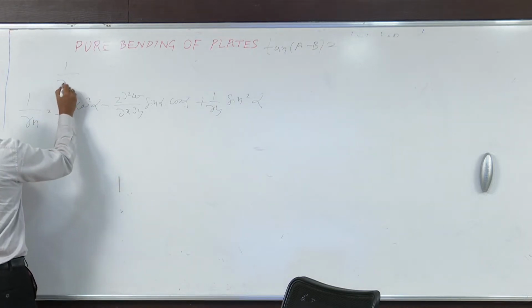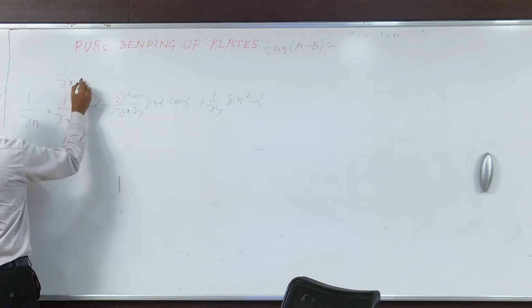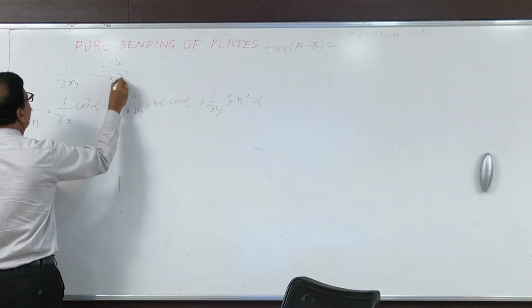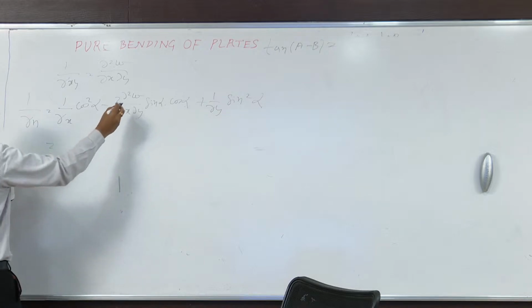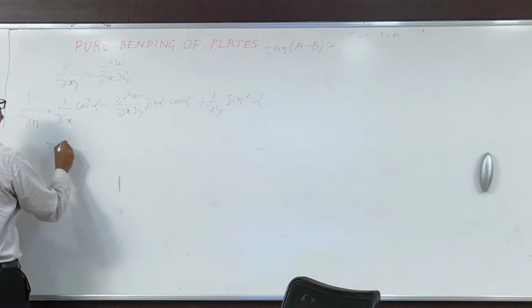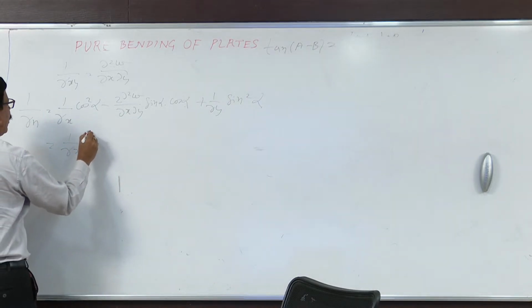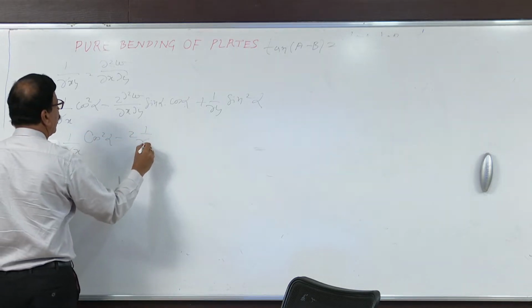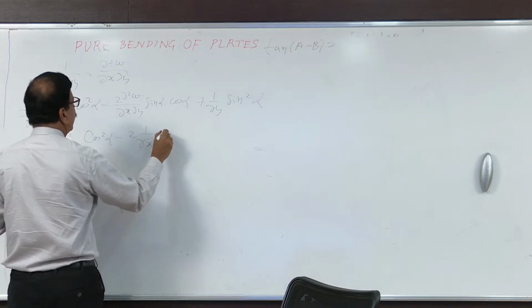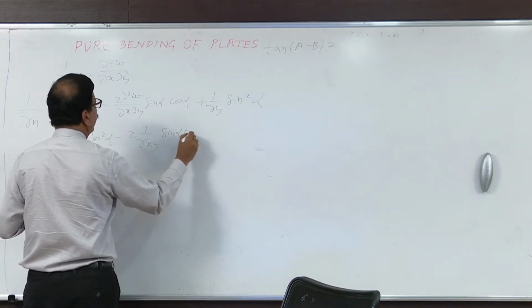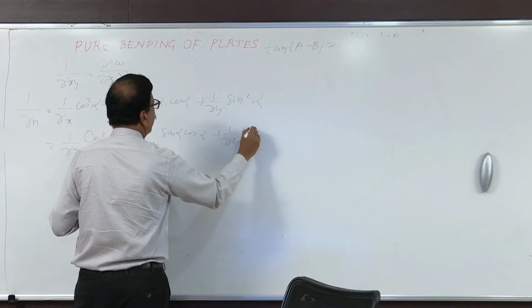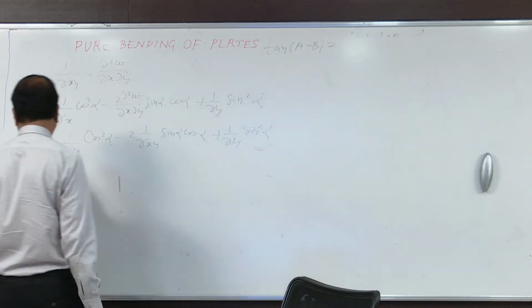So 1 upon Rxy is equal to del square W upon del x del y. So you can put here 1 upon Rx cos square alpha minus 2 times 1 upon Rxy sin alpha cos alpha plus 1 upon Ry sin square alpha.